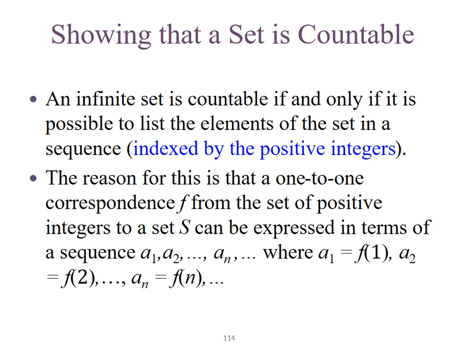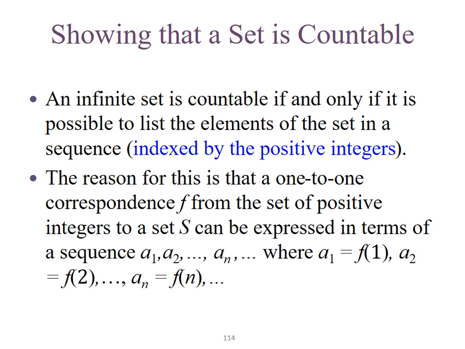So that's how we prove that it's countable. Once we can map the index 1, 2, 3, 4 to N to the elements A1, A2 to An, that means we can count those elements.